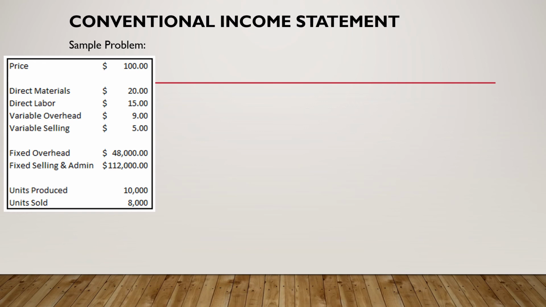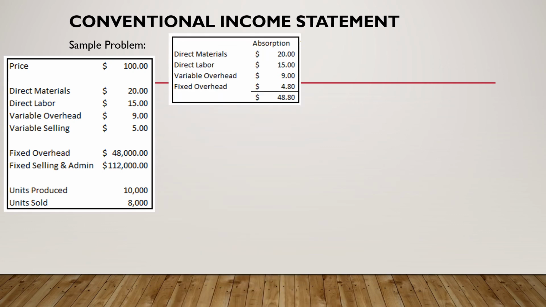In this case, the fixed overhead per unit is calculated by dividing total fixed overhead by the number of units produced. So here, the fixed overhead, which is 48,000, divided by units produced, which is 10,000. So we came up with a fixed overhead unit price, which is 4.8. So we add all of them, we come up with 48.8.